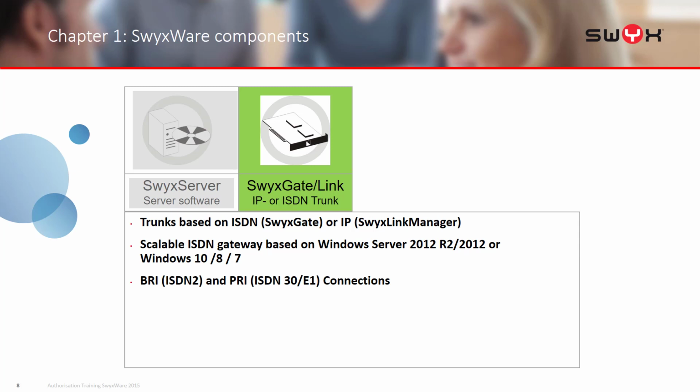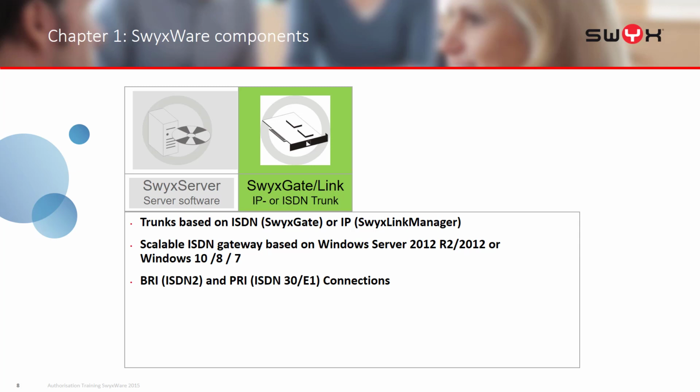Our ISDN card, we have several versions of it. We support both ISDN 2 and ISDN 30. The ISDN 2 is actually a quad card, and so it supports 4 simultaneous ISDN 2 trunks. That's 8 channels. And there is an ISDN 30 full 30 channel card, and also a 60 channel version for supporting 2 simultaneous ISDN trunks.